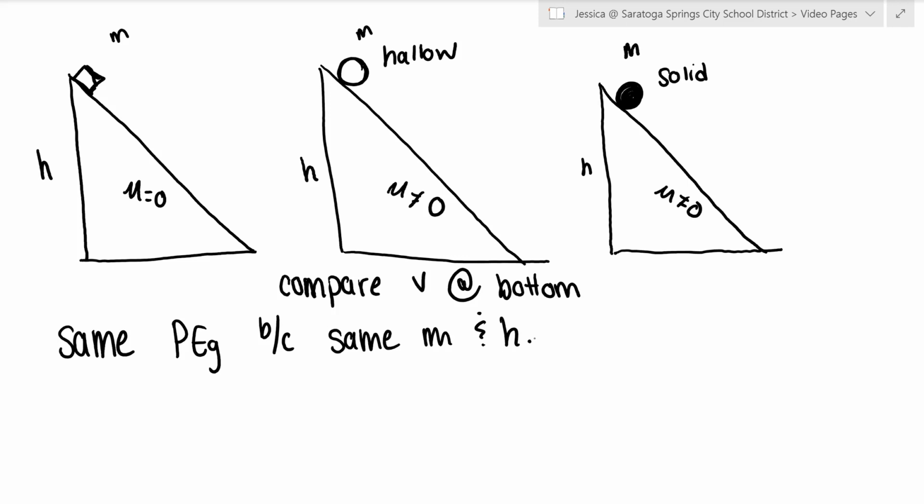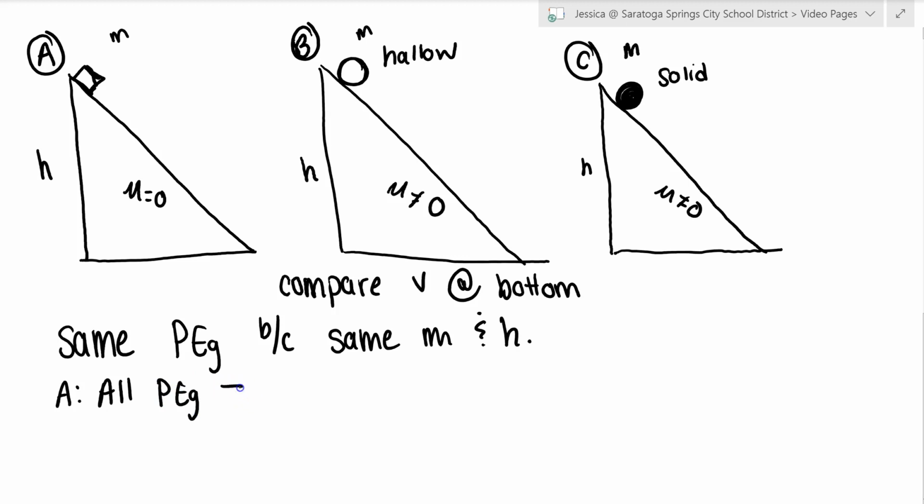But that is not the case anymore. So this first object here, let's label this A, B, C. In situation A, all of that gravitational potential energy is going to convert, that's what that arrow means if you ever see it in the videos, to translational kinetic energy. Since there's no friction, and this is because energy is conserved.